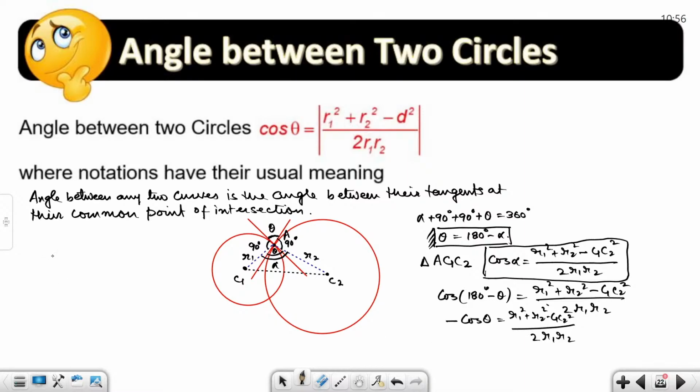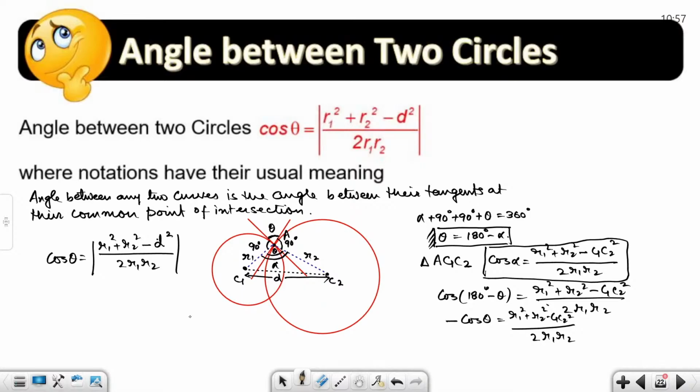So we can write cos theta is nothing but the modulus of R1 square plus R2 square minus C1C2 square. Now C1C2, this distance, let me denote it by d. That is the distance between the two centers of these two given circles. So it will be R1 square plus R2 square minus d square divided by 2 times R1 R2.